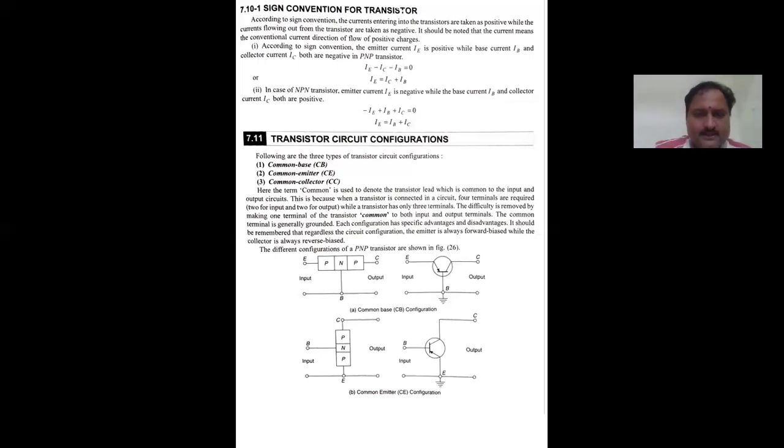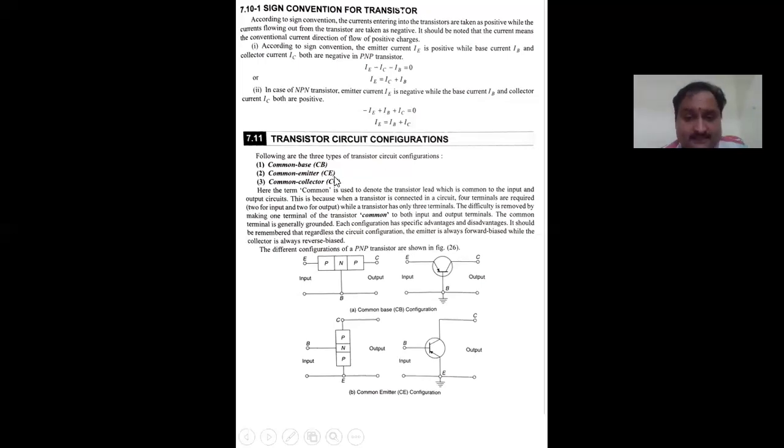This word common indicates whichever terminal is grounded in the transistor; on that basis we name the connection as common.